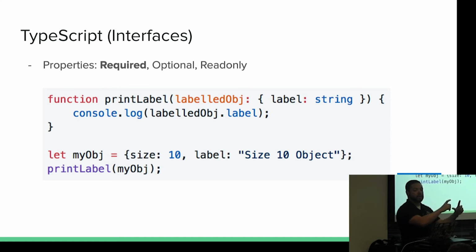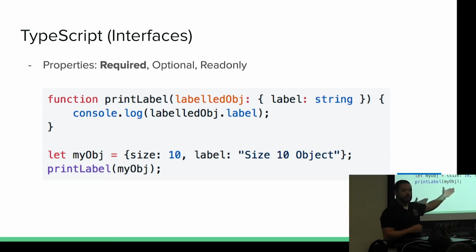That right there is an inline interface saying that this labeledObject has to have a required property label that is of type string. So we're asserting what the object has to be, and then we are making assertions about what's inside of that interface. And then the console.log statement will log the label in this function.